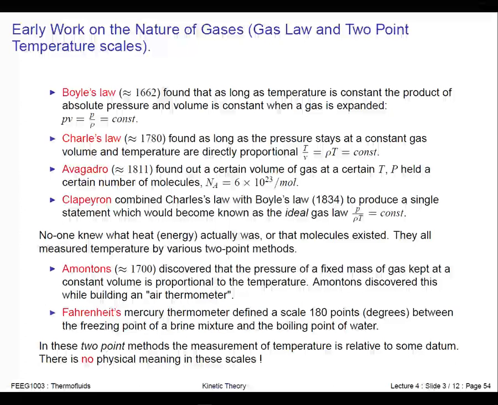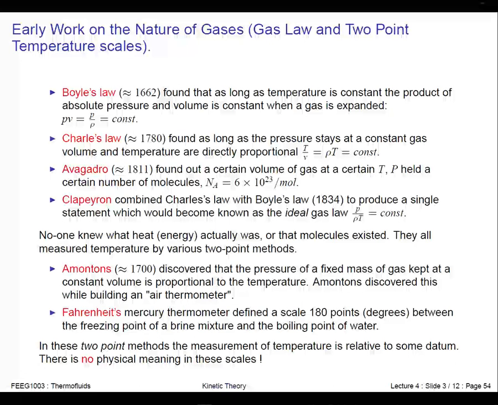So Boyle's law and Charles's law, Avogadro and Clapeyron, these are all scientists who made observations and just said, this seems to be true. So there's no theory underlying it. It was just, I've done some experiments and all of my experiments tell me that this happens. So what's missing here is a theoretical framework for what these laws seem to be.